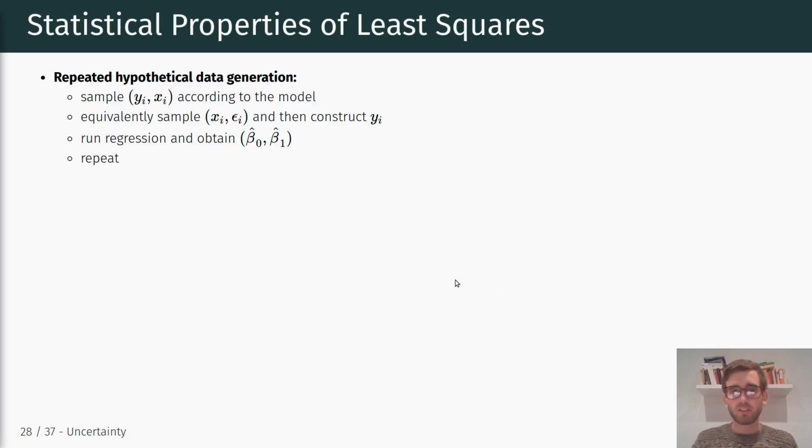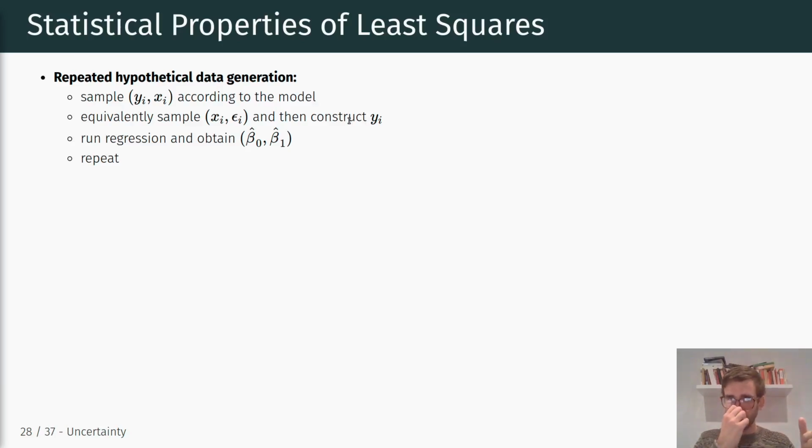So how would this repeated sampling procedure look like? You could think of this as either sampling yi and xi according to the underlying model that we specified, or equivalently, sampling xi and epsilon i from the population, and then computing yi based on xi and epsilon i according to the model.